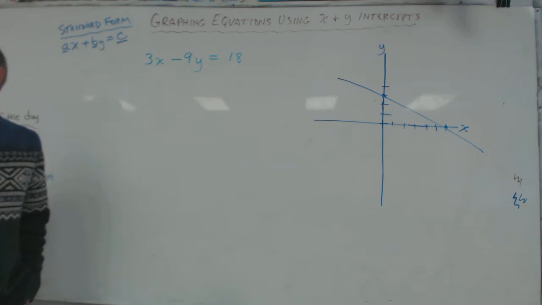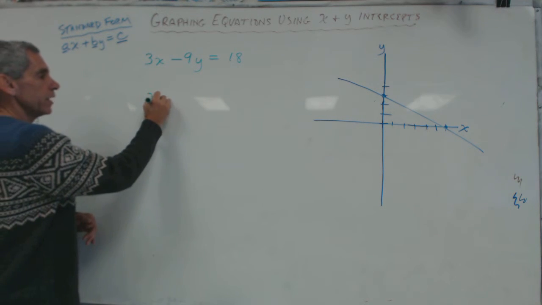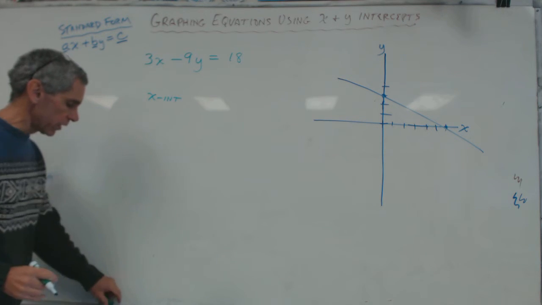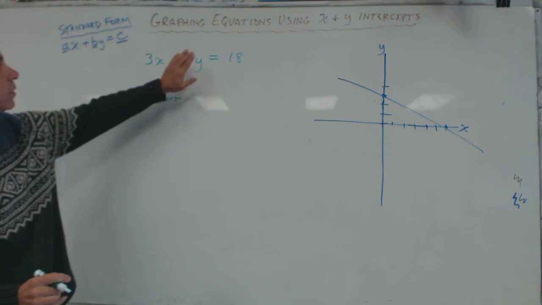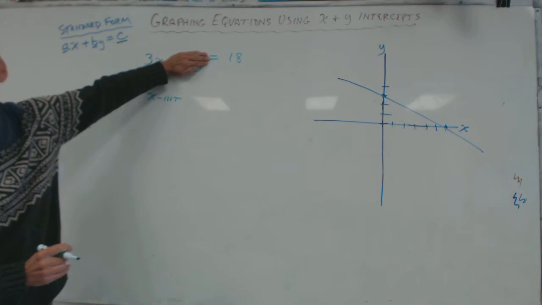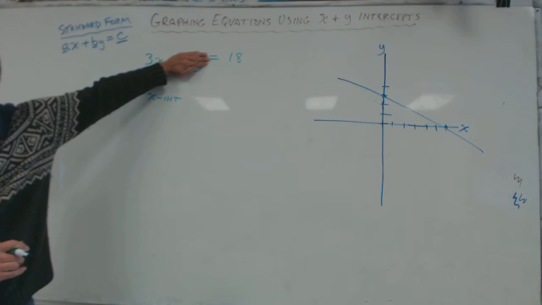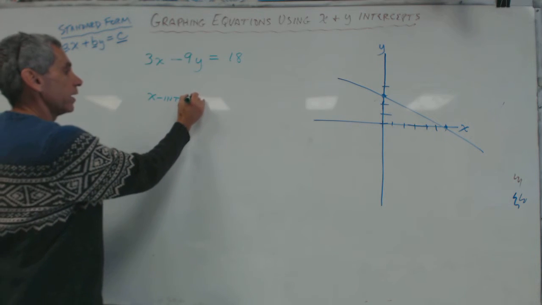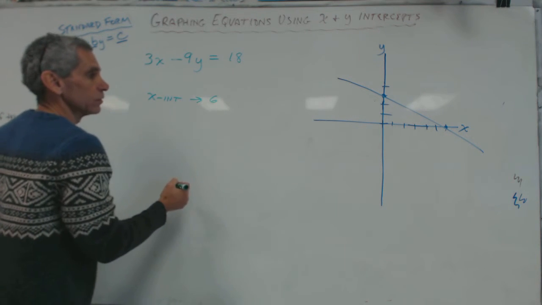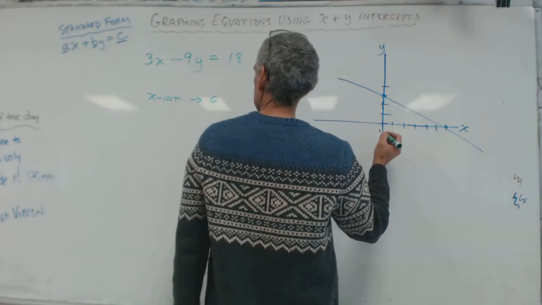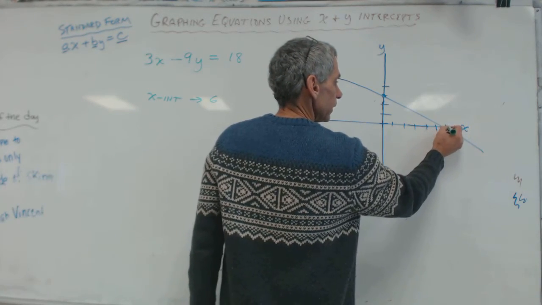Okay, so immediately I'm going to say my x-intercept, what do I do? I make y 0. So I have 3x equals 18. Divide both sides by 3, and I get x equals 6. So my x-intercept is 6 again, so it's right there.